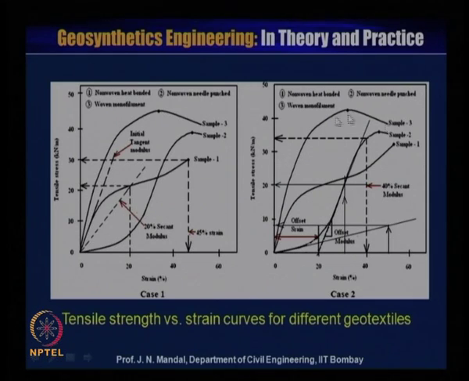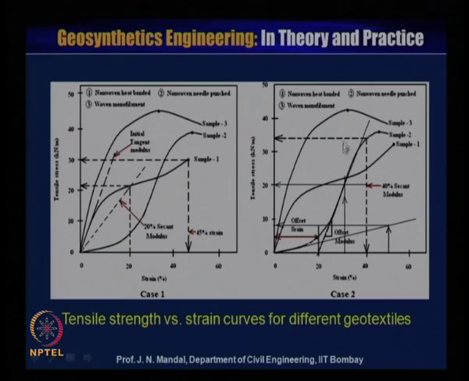Now, I am showing for sample number 2, and you see there are 3 samples: sample 1, sample 2 and sample 3. For sample 2, you can see the nature of the tensile stress and strain curve is like this. This is what we call the offset.